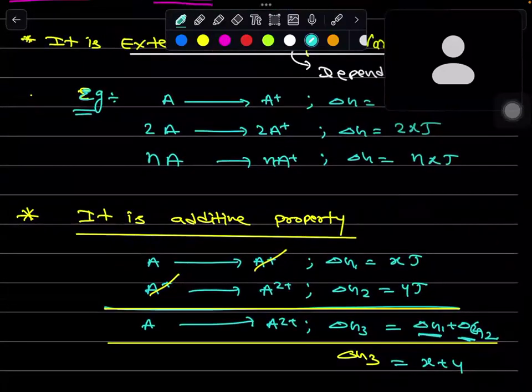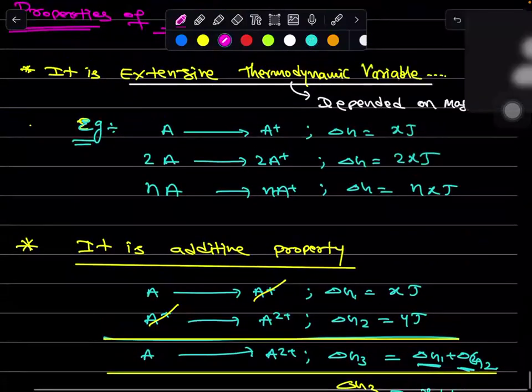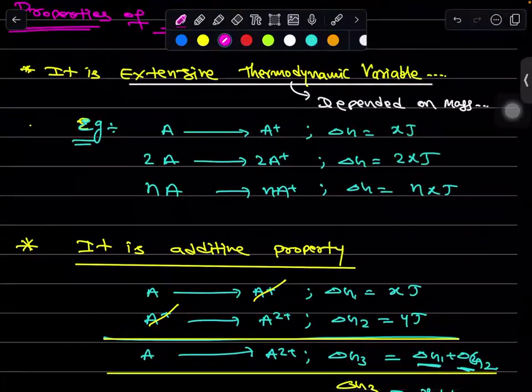Next we go to the properties of E. E naught cell or E, whatever. If you copy it, just let me know. Done?